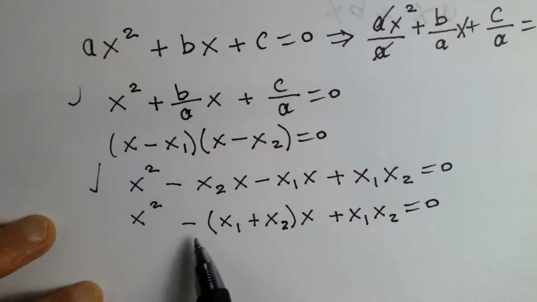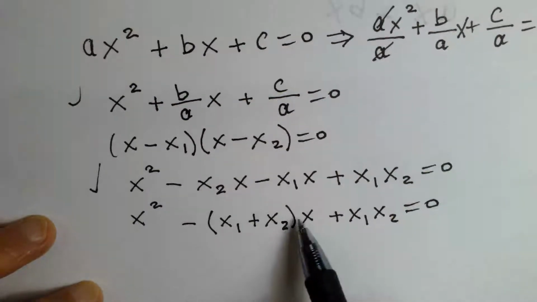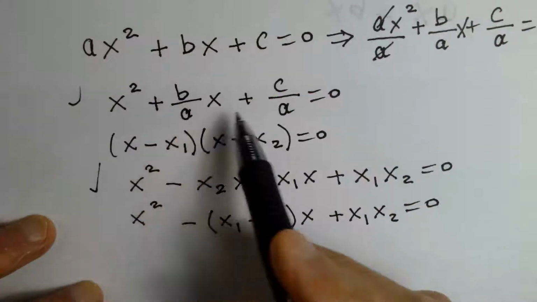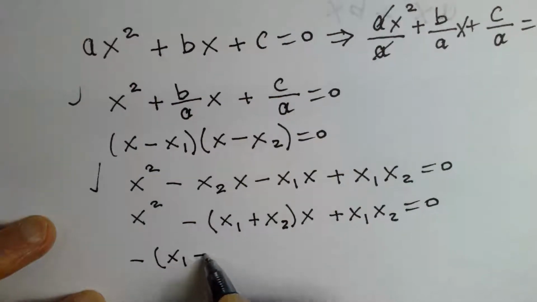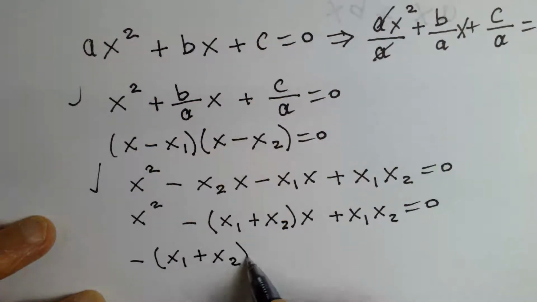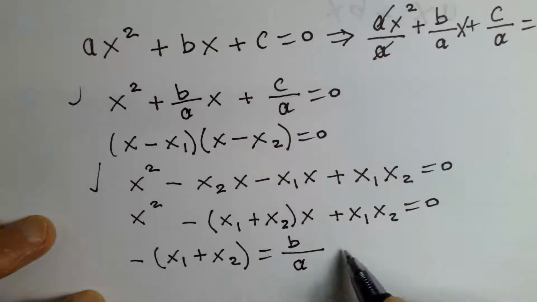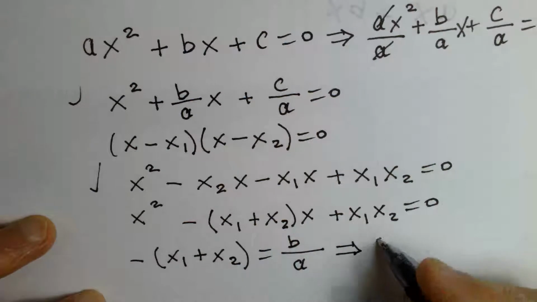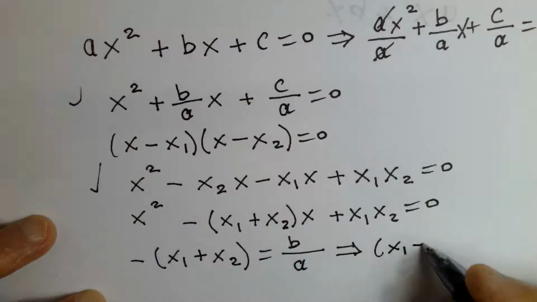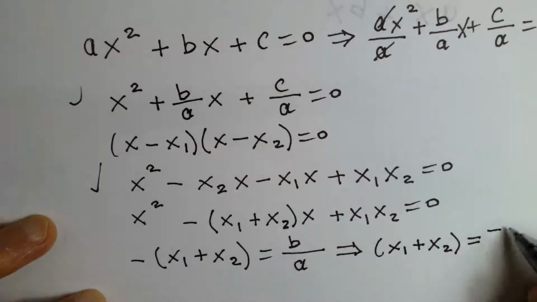Now obviously minus parenthesis x1 plus x2 is equal to b by a. So we have minus x1 plus x2 equal to b by a. Therefore, if we multiply both sides by negative, then we have x1 plus x2 equal to minus b by a.